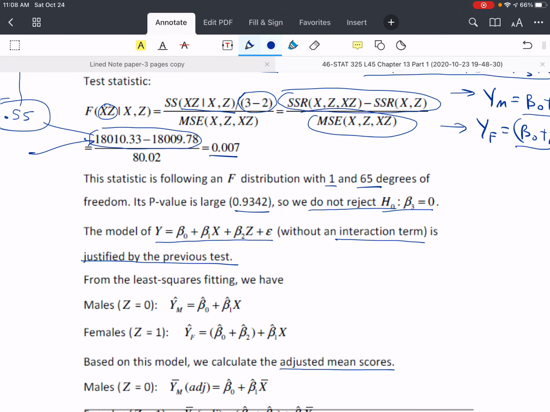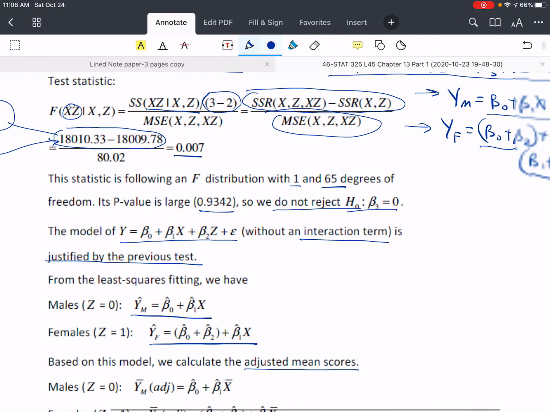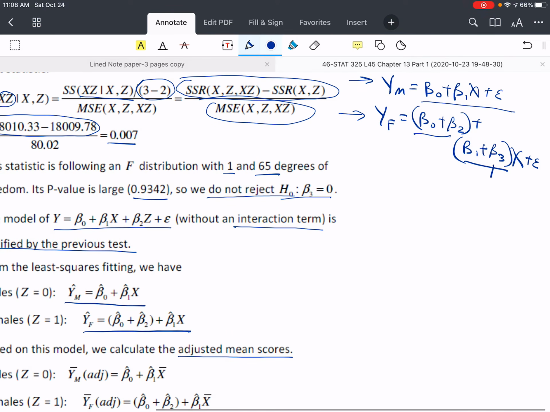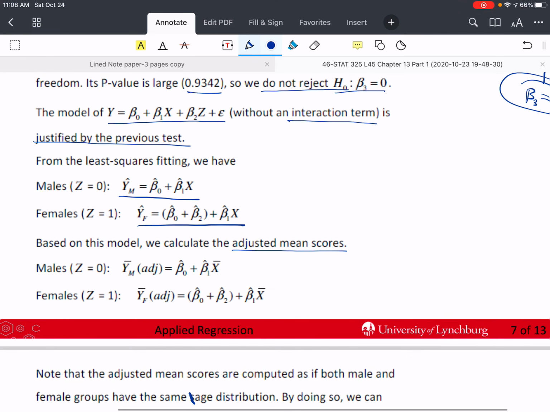Now, from the least squares fitting line, we have these two equations, because we're saying that beta 3 equals 0. We could not reject our null hypothesis that beta 3 is 0, so we're going to set beta 3 equal to 0, and it's not in this equation anymore, or this one.